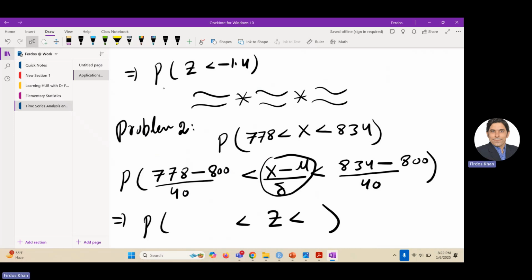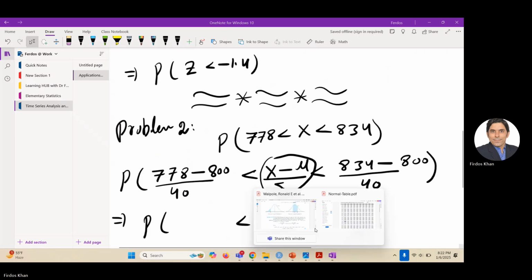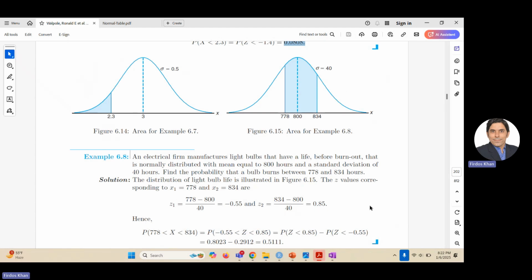You can have two values. I just need to give more space to this side. Now we can do this calculation, so simple: minus 0.55 and 0.85.